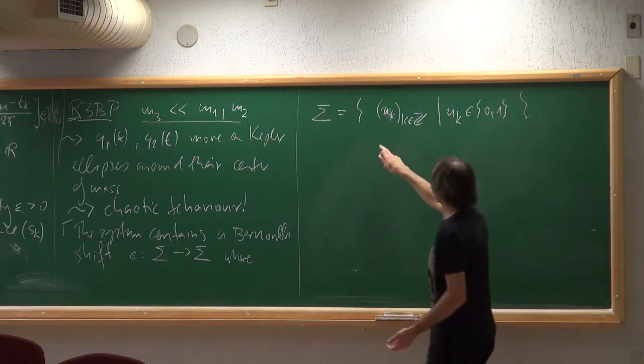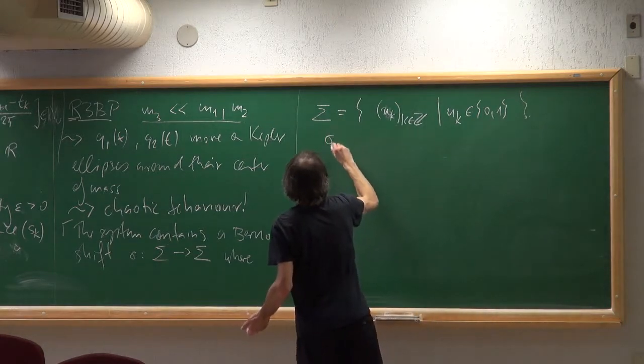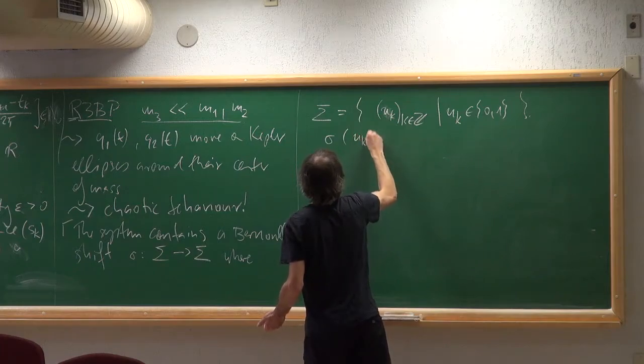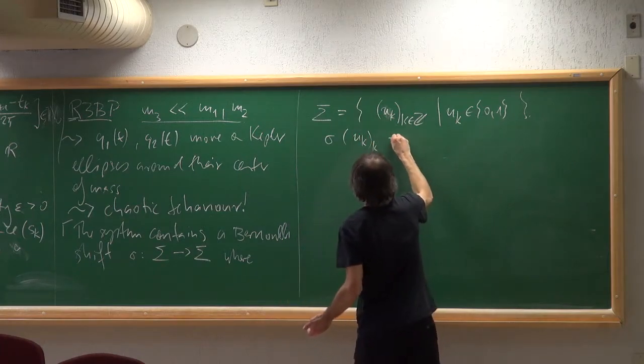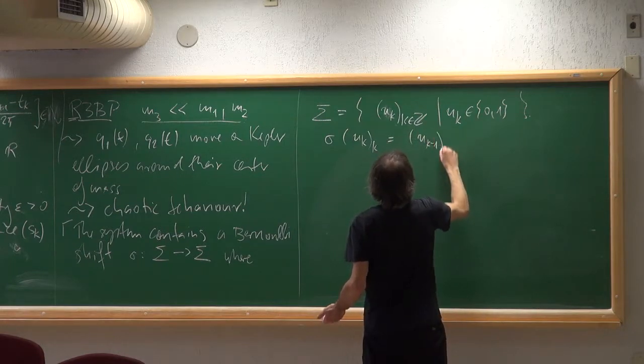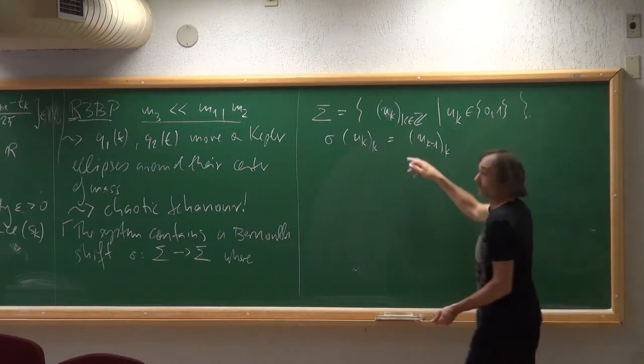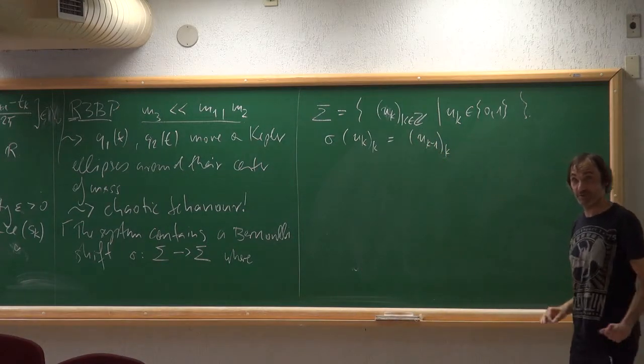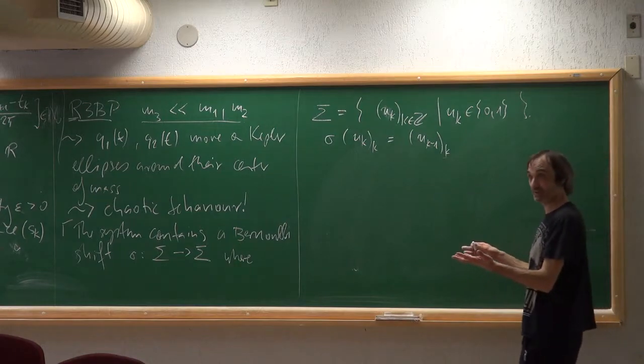And the shift map of such a sequence would be u_{k-1} or u_{k+1}, which is a matter of convention. So you just shift such a sequence by 1.